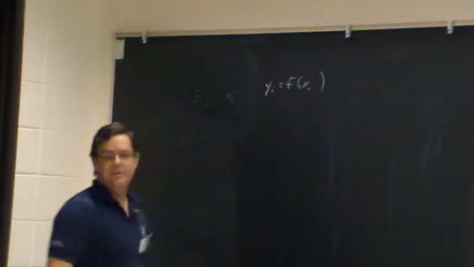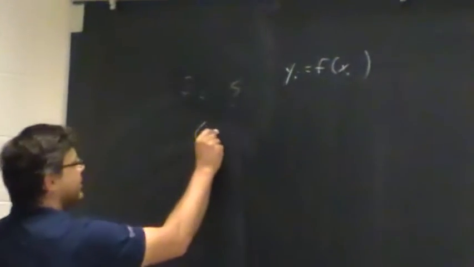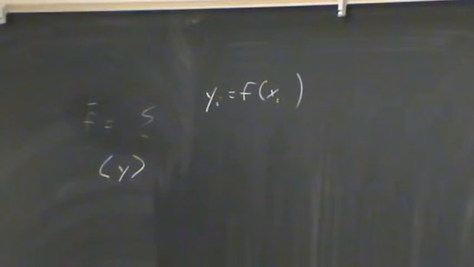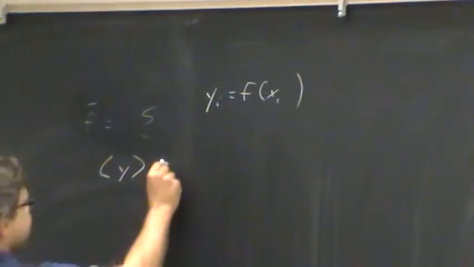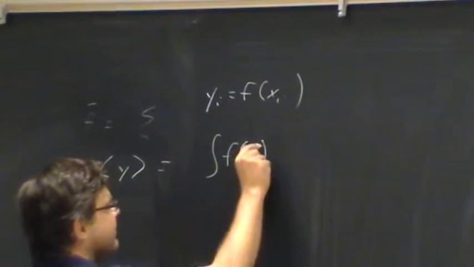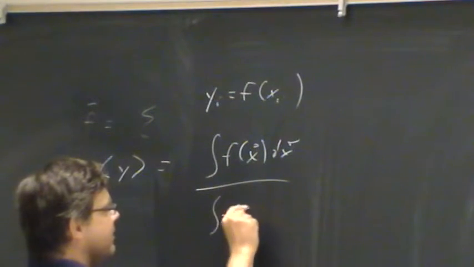And I want to know the average of y. So what is the expectation value of y? It is just this integral over f of x dx divided by the size of our area.